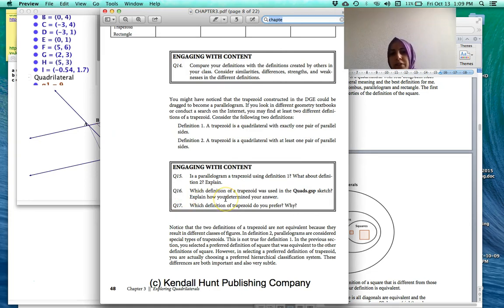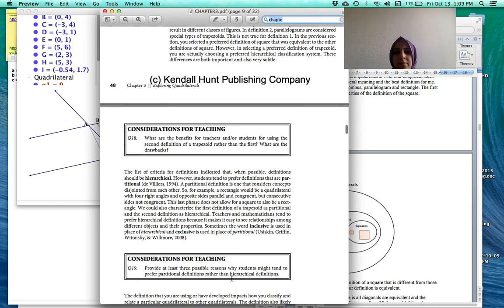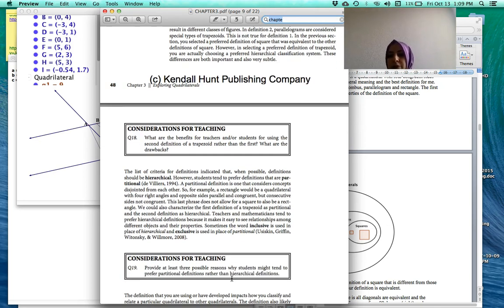Question 17. Which definition of trapezoid do you prefer? Why? I prefer definition 1, a trapezoid is a quadrilateral with exactly one pair of parallel sides, because it's certain about the properties of the shape of a trapezoid. Question 18. What are the benefits for teachers and or students of using the second definition of a trapezoid rather than the first? What are the drawbacks? Definition 2 is that a trapezoid is a quadrilateral with at least one pair of parallel sides.